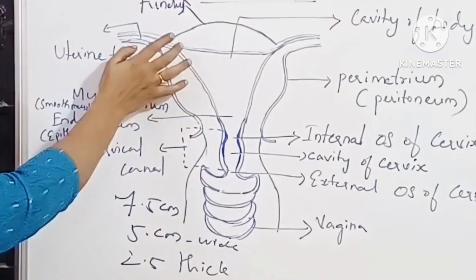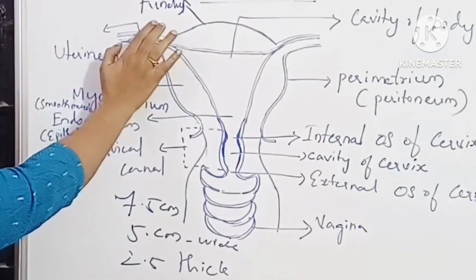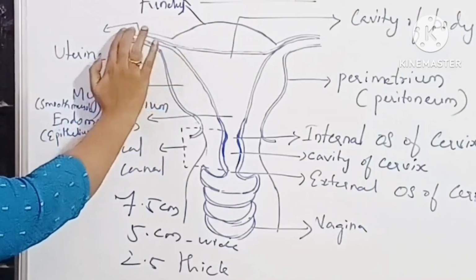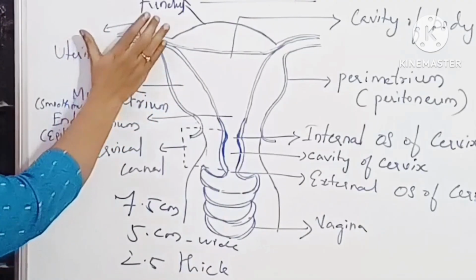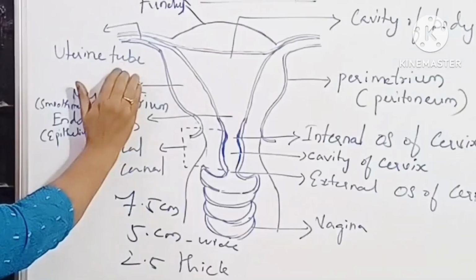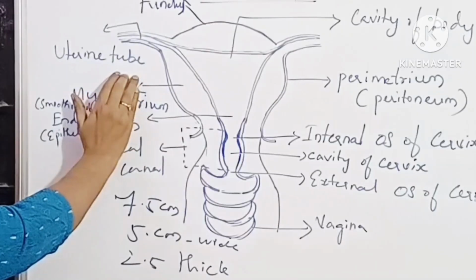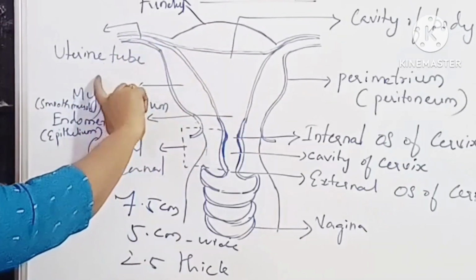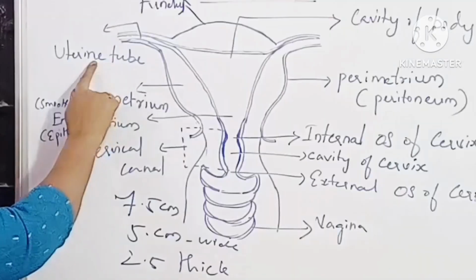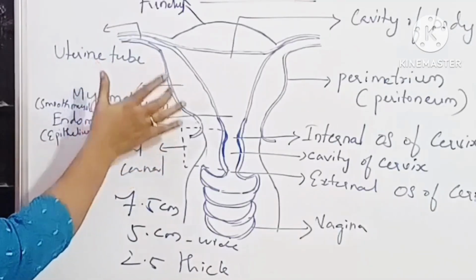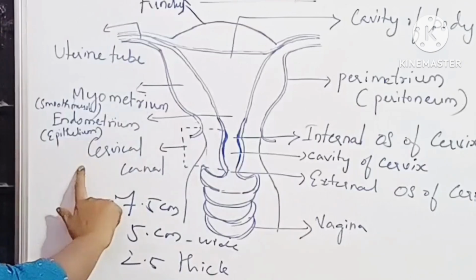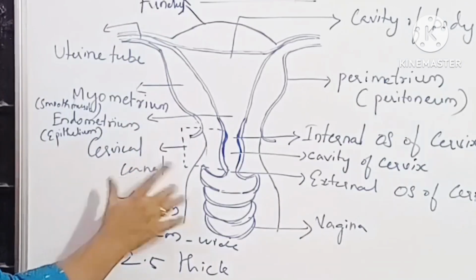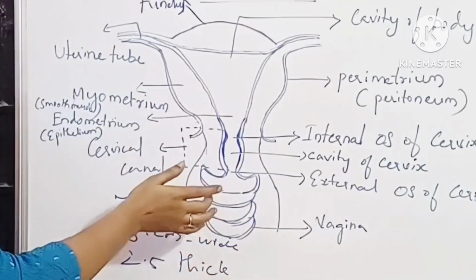The upper free border of the double fold is the broad ligament. The broad ligament supports the uterus. It is present at the lateral ends only, and attaches the uterus to the sides of the pelvis, because the broad ligament's function is to support the uterus.